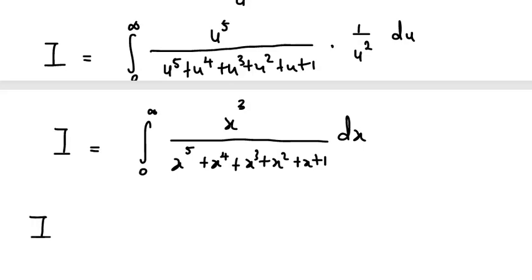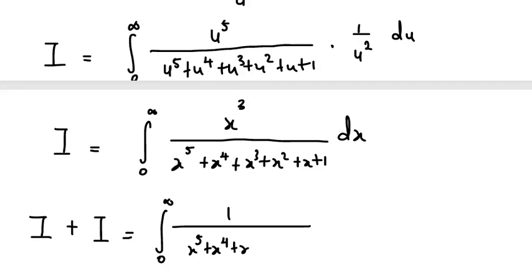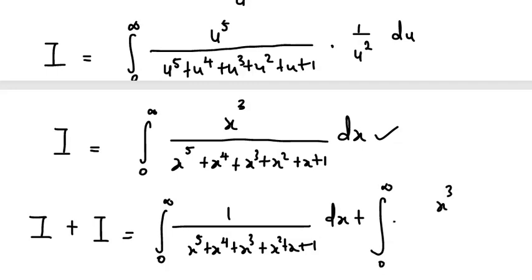That is saying I plus I will be equal to the original integral, the integral from 0 to infinity of 1 all over x to the power of 5 plus x to the power of 4 plus x cubed plus x squared plus x plus 1 dx, plus this other I here, the integral from 0 to infinity of x cubed divided by x to the power of 5 plus x to the power of 4 plus x cubed plus x squared plus x plus 1 and then dx.